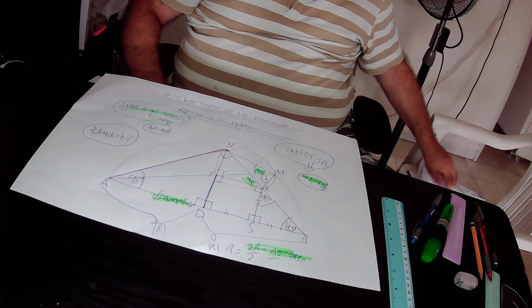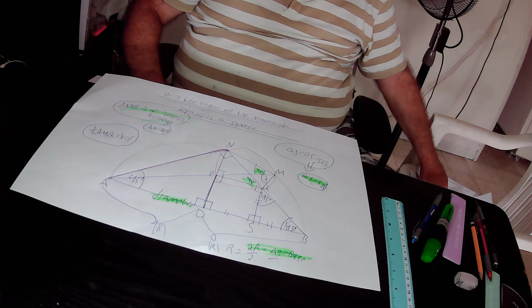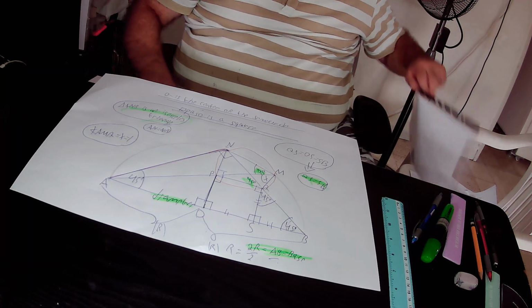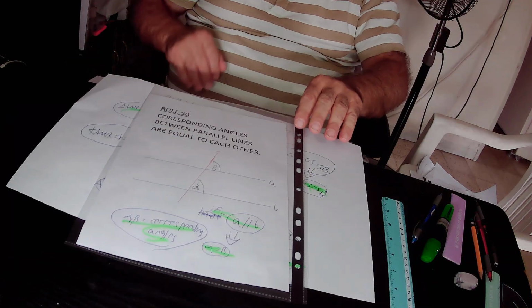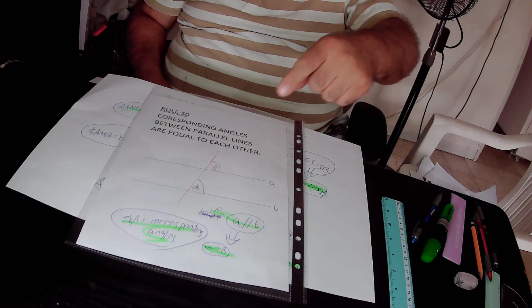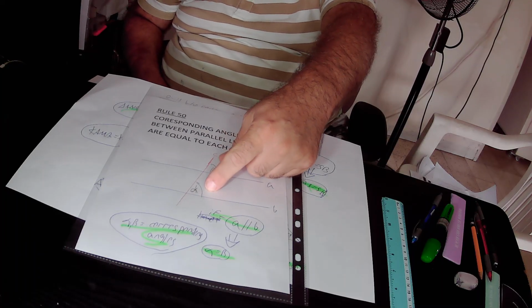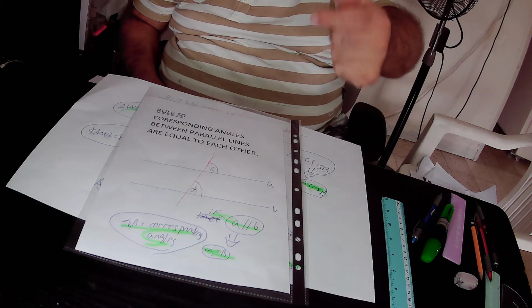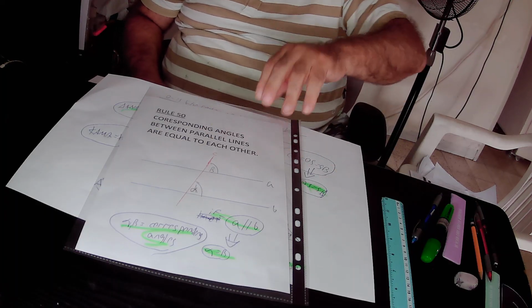According to rule 50, corresponding angles between parallel lines are equal to each other. Repeat again: corresponding angles between parallel lines are equal to each other. Those two angles are defined as corresponding angles and they are located between the parallels A and B and therefore they are equal to each other. That is to say, alpha equals beta.